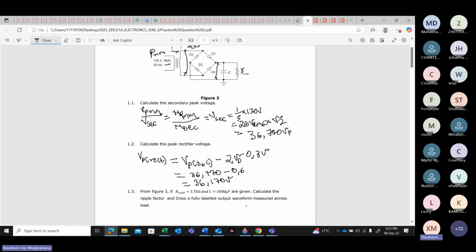Then it says you must calculate the ripple factor and draw a fully labeled output waveform measured across your load.